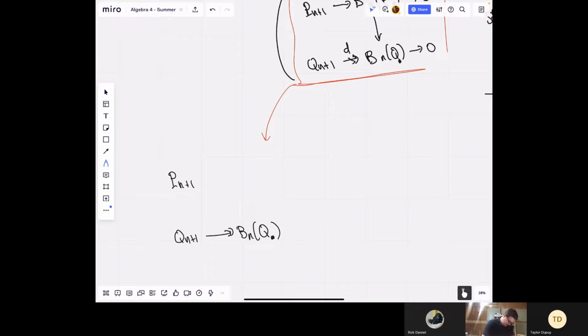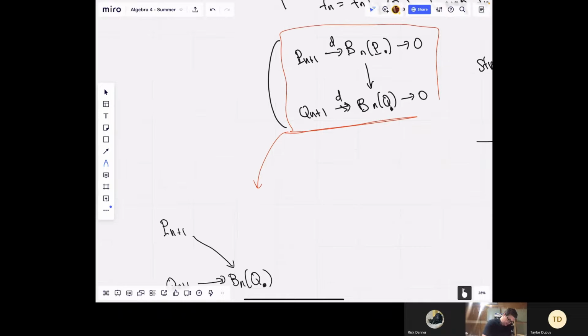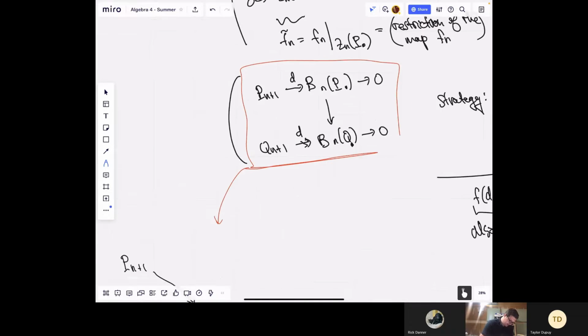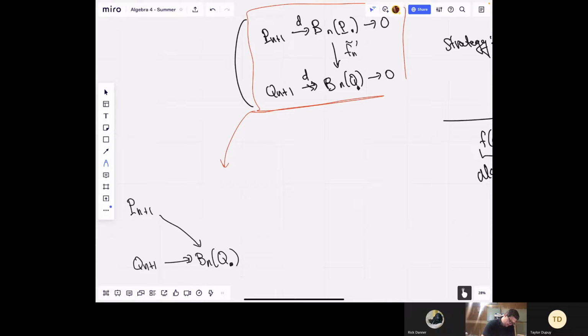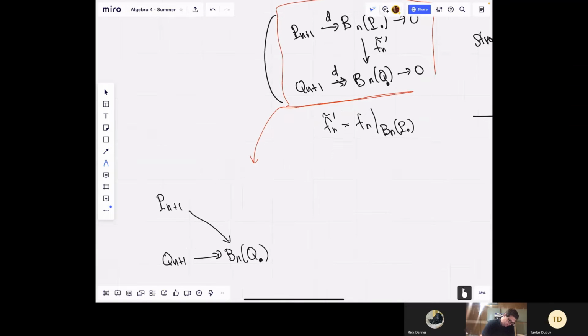And this thing maps to here by taking the composition of the two maps, which is Fn tilde prime. Fn tilde prime is equal to Fn restricted to Bn P bullet. So you apply D first, and then you do Fn tilde prime.